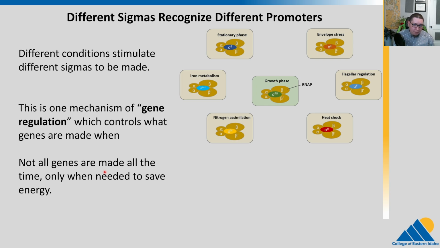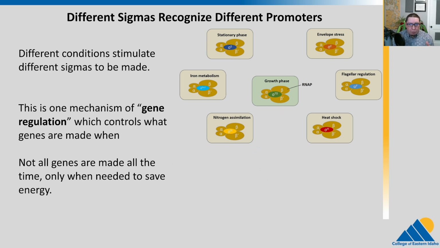If you're a bacteria and you can normally do glycolysis, processing glucose, you're going to do that unless you have no glucose around, right? Then you might need to switch to another sugar. So E. coli has the ability to ferment lactose, okay? But if there's no lactose around, it's useless to make the genes to break down lactose. So we're going to turn those genes off until the conditions are right, okay? So saving energy.